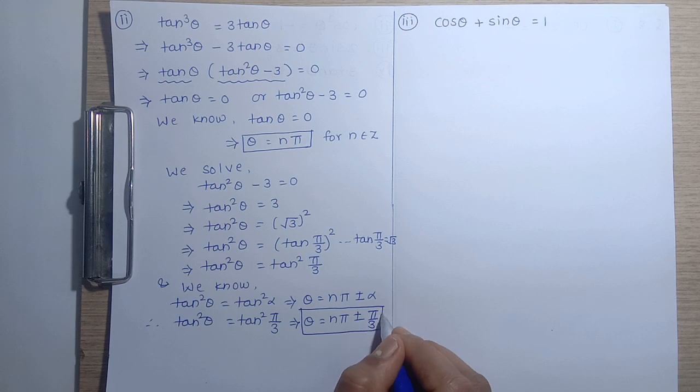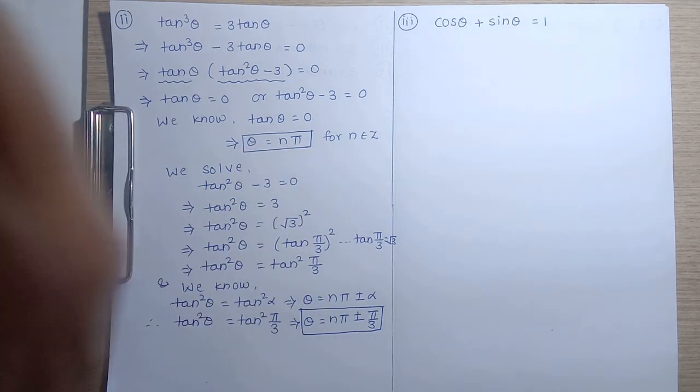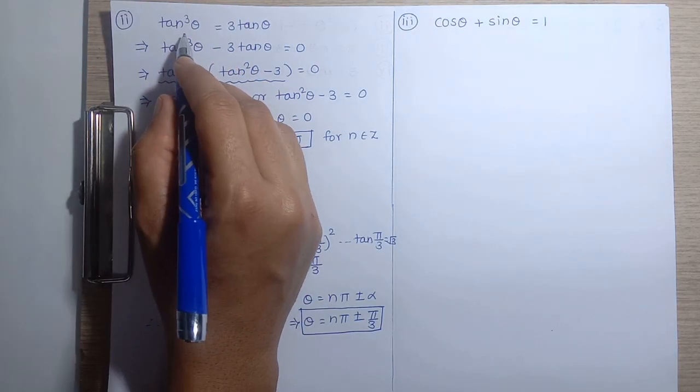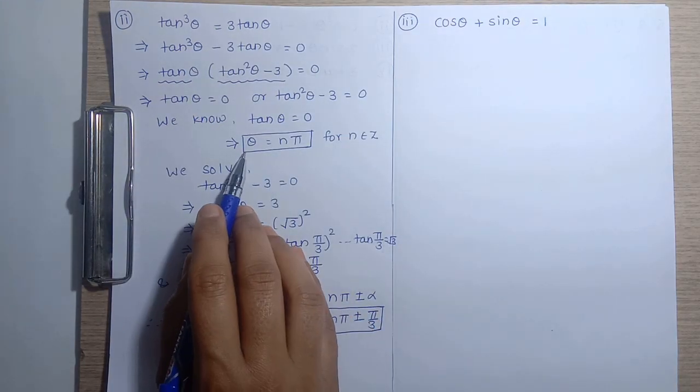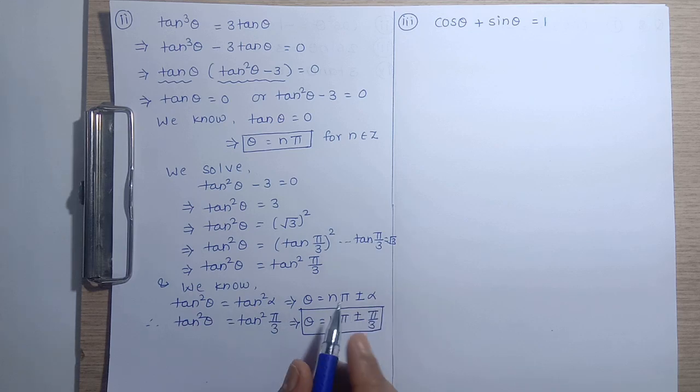In that way, we have got the solution for the given trigonometric equation tan cube theta is equal to 3 tan theta: theta is equal to n pi or theta is equal to n pi plus or minus pi by 3 for n belongs to Z.